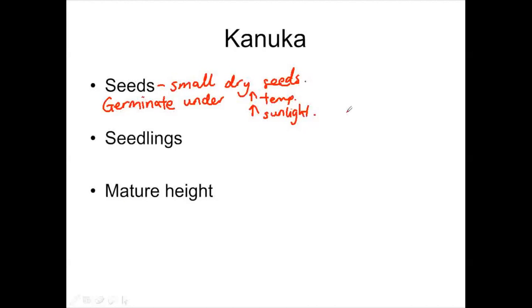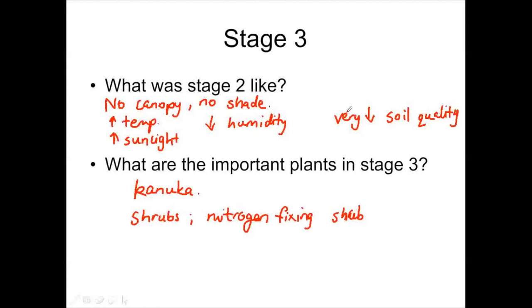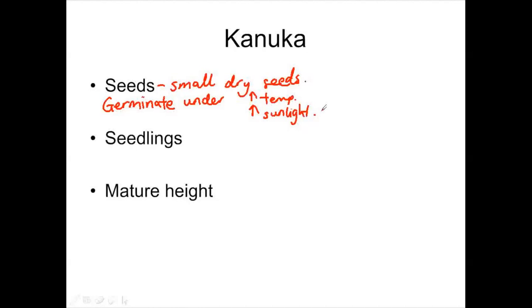So that's why they can't germinate in stage 2, because stage 2 has a very low soil quality. This Kanuka needs some soil quality. They need better soil quality than stage 2, but they don't need as good soil quality as the broadleafs and podocarps, which are growing in stage 4 and stage 5.